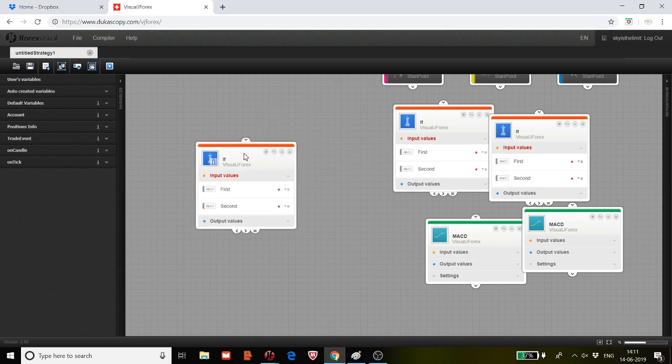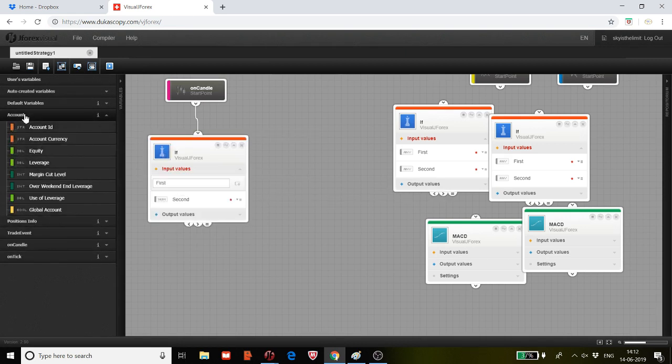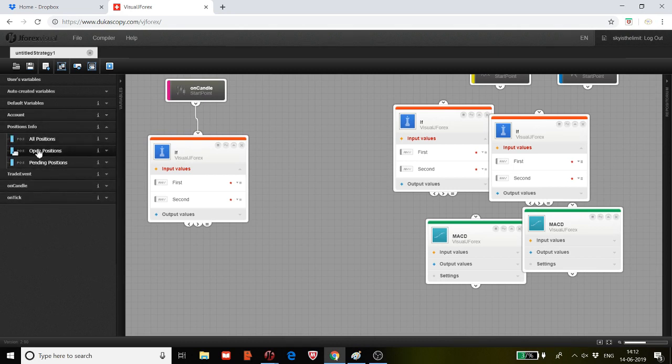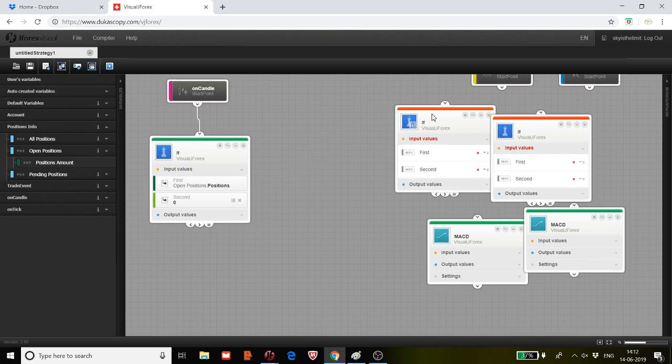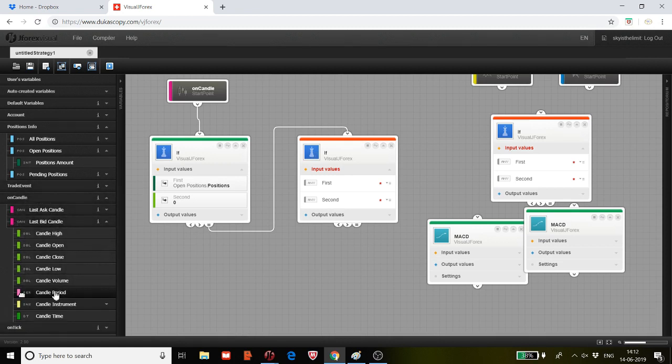So let's begin. First we will define the position amount. Open position amount should be 0, 1 trade per instrument, and then candle period, on candle, last bid candle, candle period.